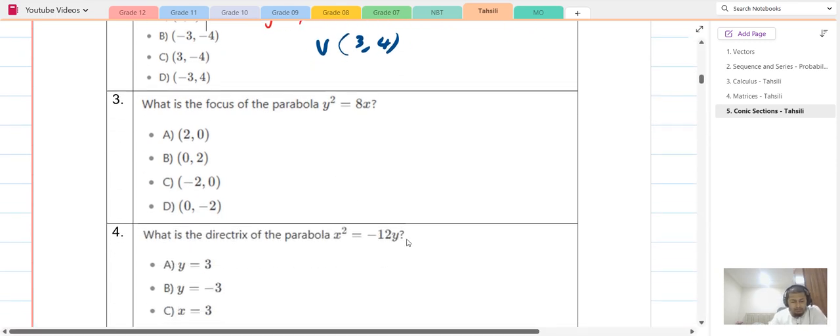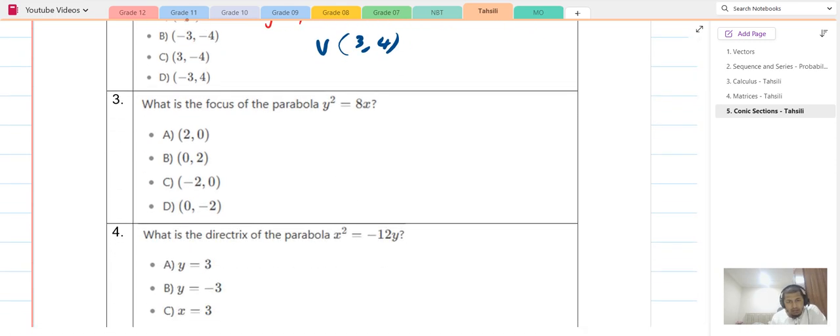What is the focus of the parabola? We know 4c is equal to 8, so we know c is equal to 2, 8 divided by 4. Because c is greater than 0 and is positive, the value of c is 2.